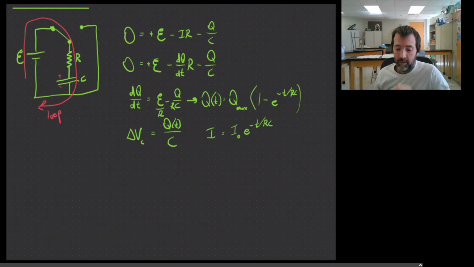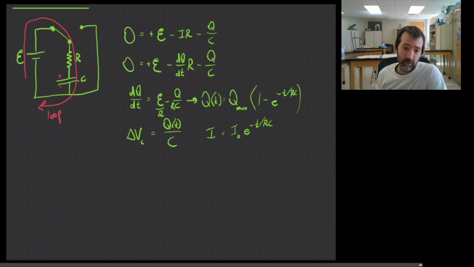Conceptually speaking, the reason that I has the same form here is that the current is produced by the fact that you're closing the switch to allow the capacitor to begin charging. And as I said earlier, when the capacitor is empty, it's very easy to pour current into it.